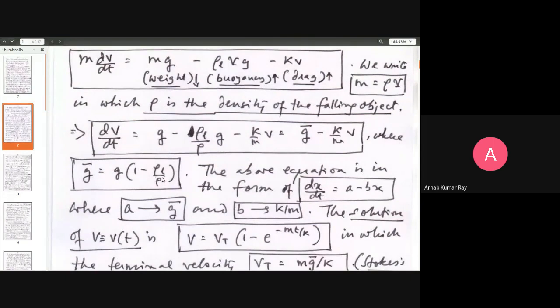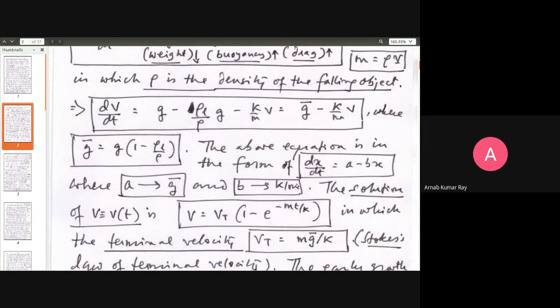So now if you think of it like this, you can see dv/dt is equal to constant minus constant into v. And so this is in the form of dx/dt is equal to a minus bx, where a is g bar and b is k by m. So immediately you know what the solution of this thing will be like.